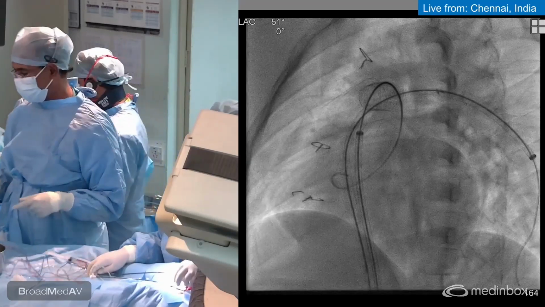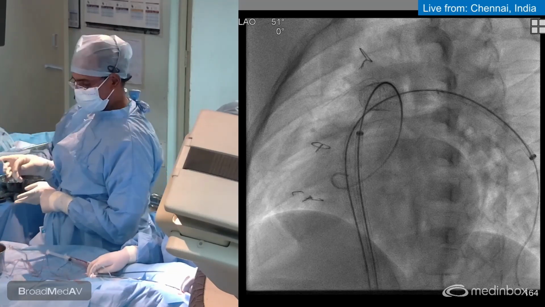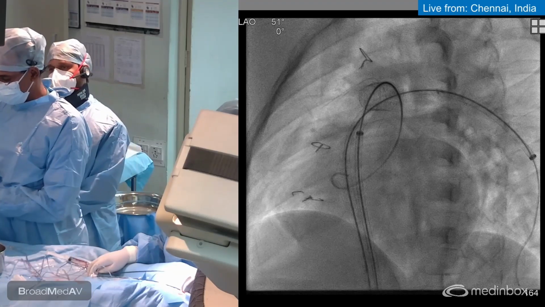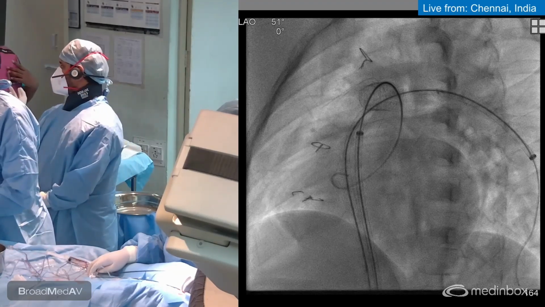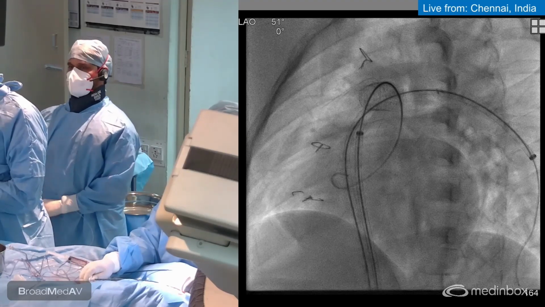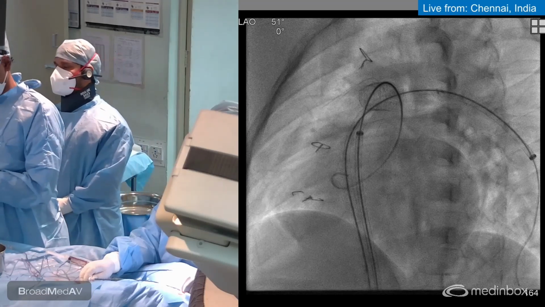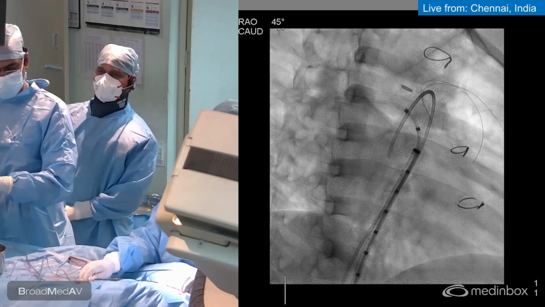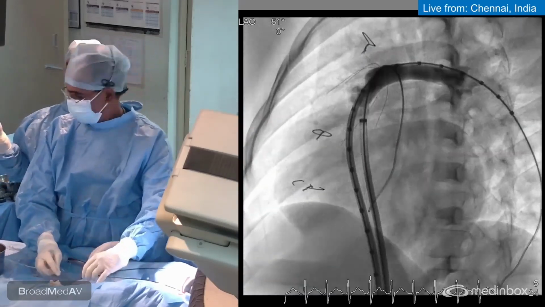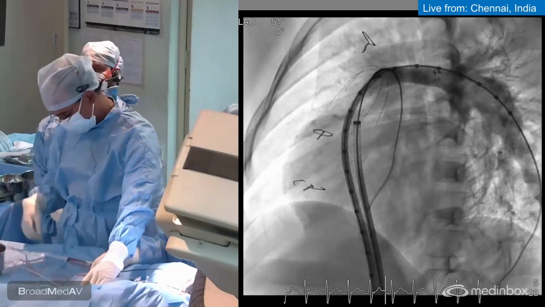Okay. Now let me put the marker pigtail through this sheath. Can you hold the wire?